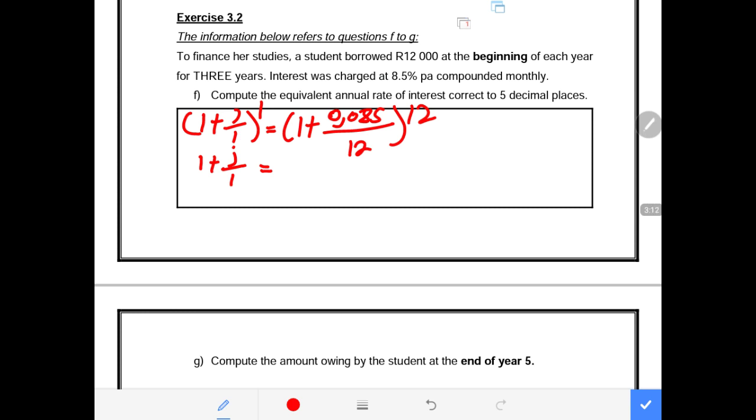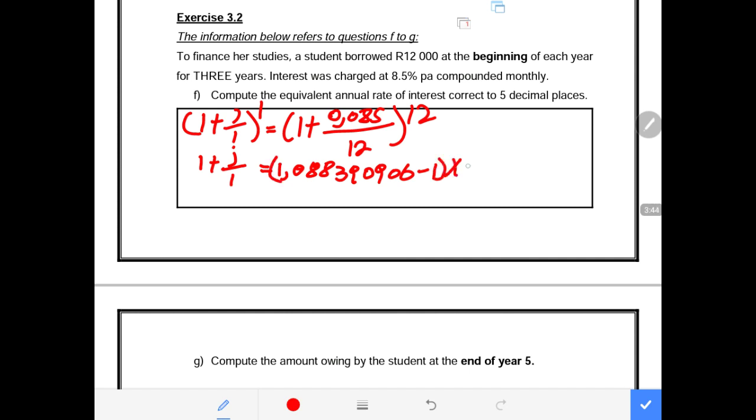You say 1 plus 0.085 divided by 12, close brackets, second function y to the power x, then 12. That will give you 1.088390906.